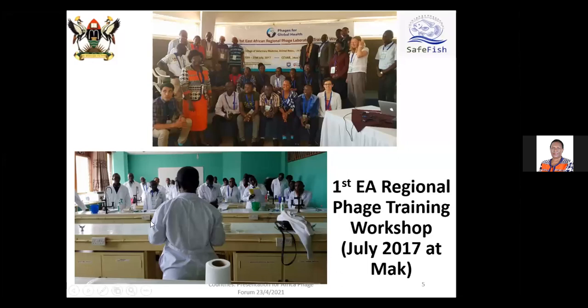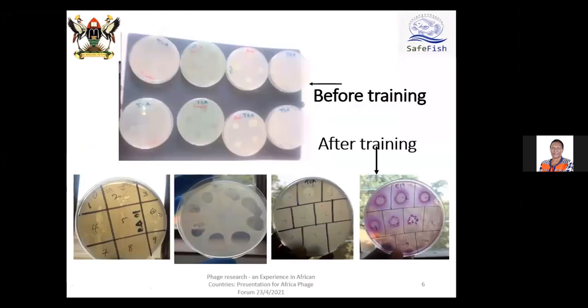So down here are the other participants when we were embarking on the laboratory work. Before the training, we had tried to isolate bacteriophages because Betty sent me some money to buy a few of the expendables.